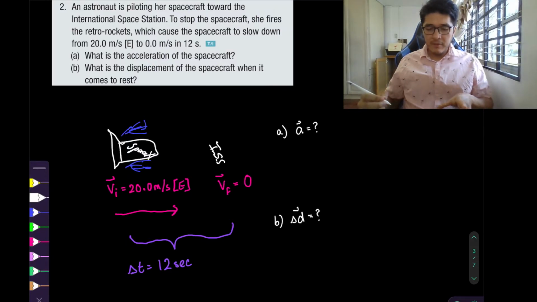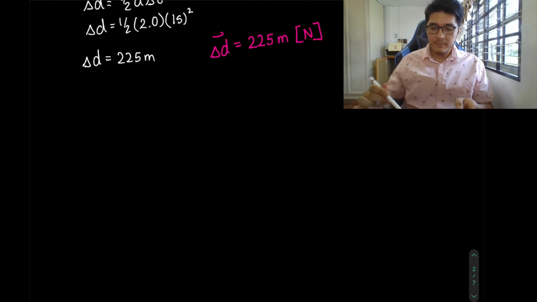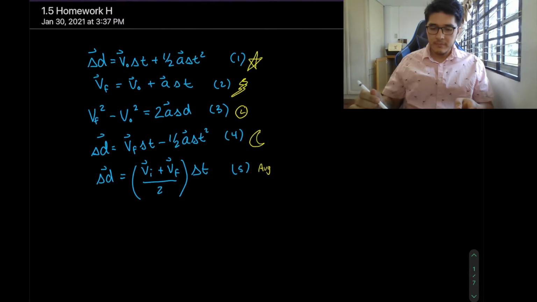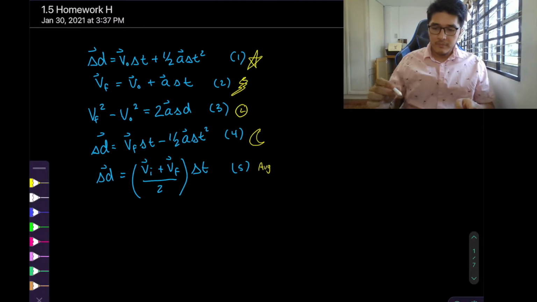Okay, do we have any other information? We don't have the acceleration, which is what we're trying to find. So in our formulas, we're going to look for something that includes time, initial speed, final speed, and acceleration. My first one is the first equation I usually check.